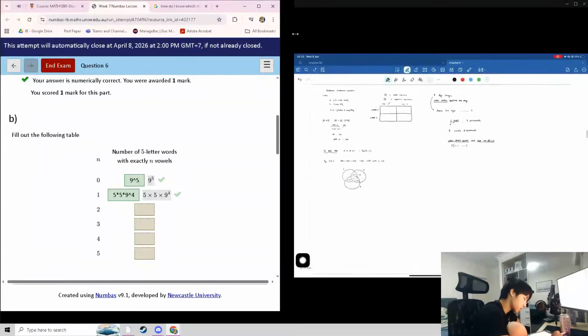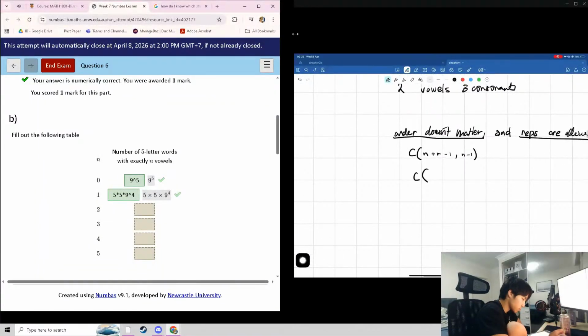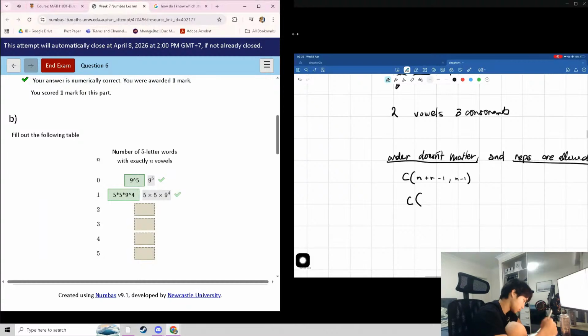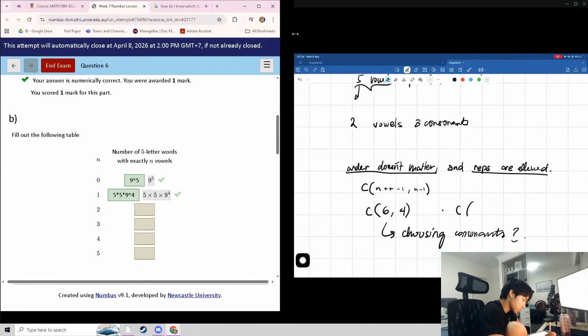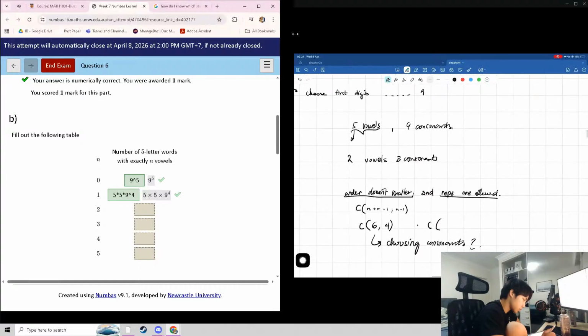Just think of it like that. I have no clue. Multiply by 9 consonant. There's 3. 9 minus 1, that's 8.